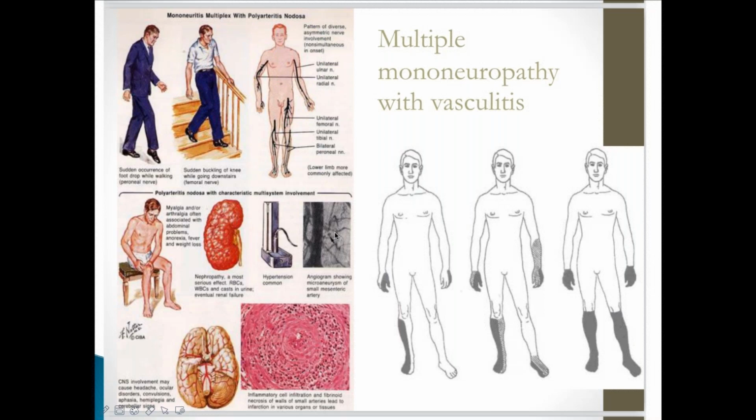And it is a subacute course. Not acute, rather subacute. So the list of differentials which we had generated in the beginning should always alert us to the possibility of vasculitis as being an etiology.